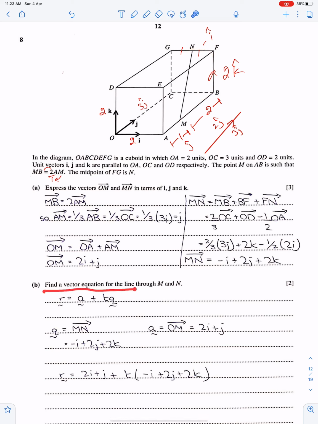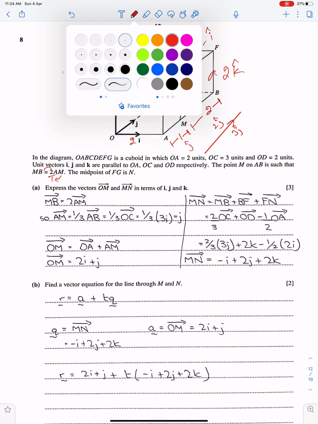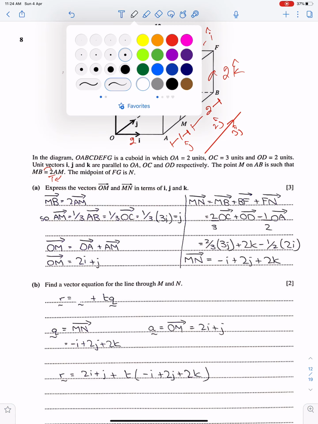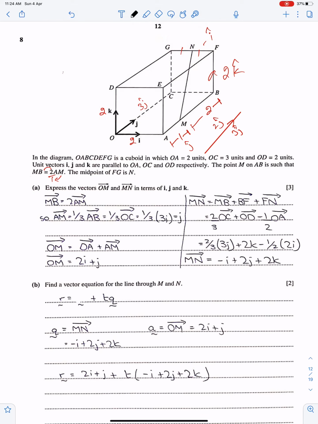Find a vector equation for the line through M and N. This is so simple. First find the direction vector. This is the equation of the line: r is equal to a plus tq. Instead of writing a here, you can write either M or N. Let me check which point she used.